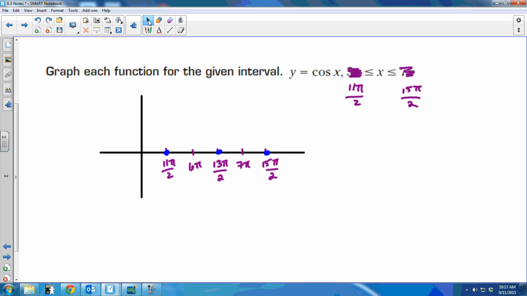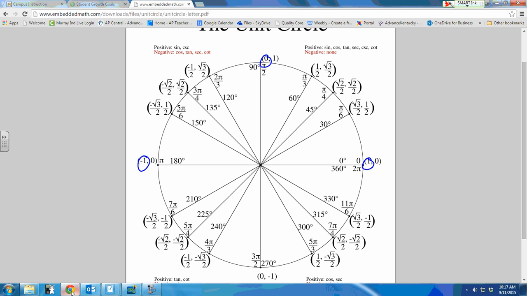So if you use your unit circle, start at 0. You go all the way around once, you hit 2 pi. Go all the way around again, you hit 4 pi. Go around again, you get 6 pi. Cosine is 1.